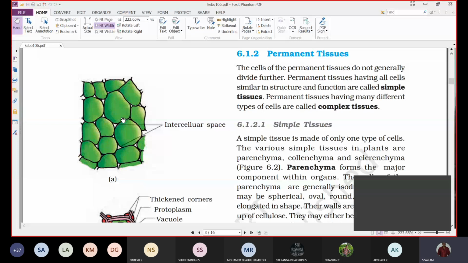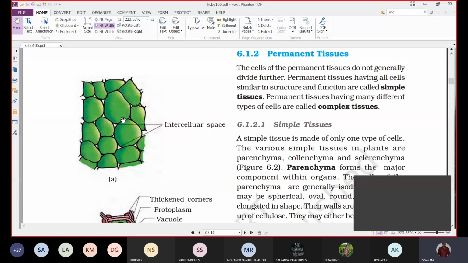And next, generally they possess no intercellular spaces. That means we don't find gaps in between the cells. For example, if you observe the epidermis, the epidermal cells are very closely associated without any intercellular space.